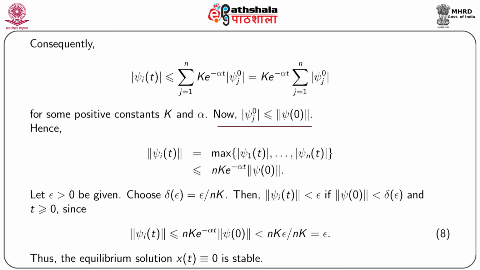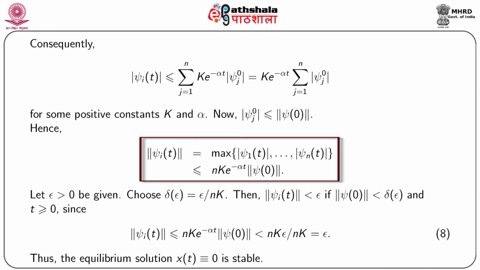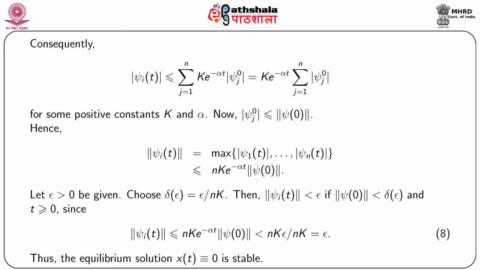Now, the modulus of ψ_j(0) is less or equal to the norm of ψ(0), and hence the norm of ψ(t) is equal to the maximum of the modulus of ψ₁(t), the modulus of ψ₂(t), ..., the modulus of ψ_n(t), which is less or equal to n K e^(minus αt) times the norm of ψ(0). Let ε greater than 0 be given, and we choose δ equal to ε divided by nK. Then the norm of ψ(t) is less or equal to ε if the norm of ψ(0) is less than δ and t greater or equal to 0, since the norm of ψ(t) is less or equal to n K e^(minus αt) times the norm of ψ(0), which is less than nK ε divided by nK equal to ε.